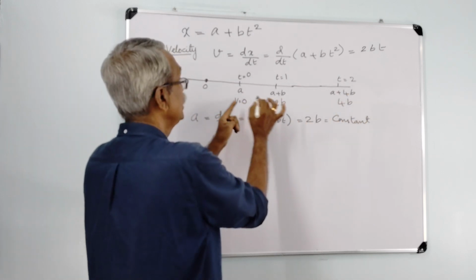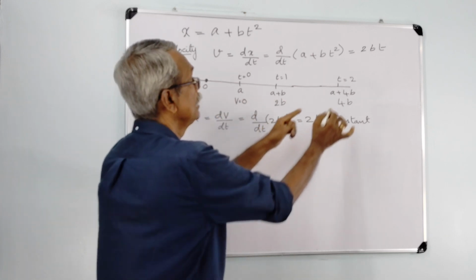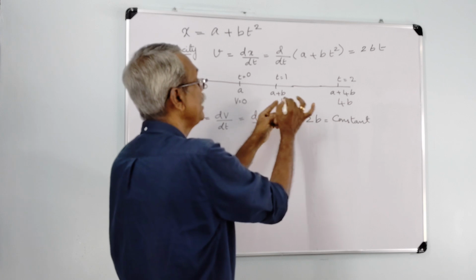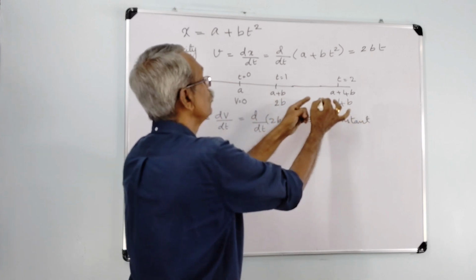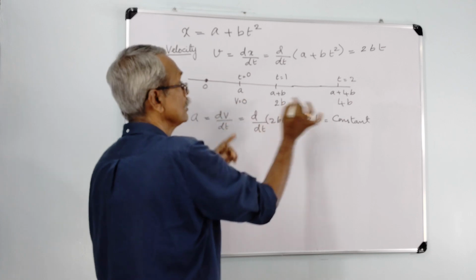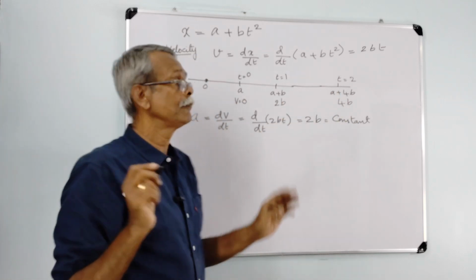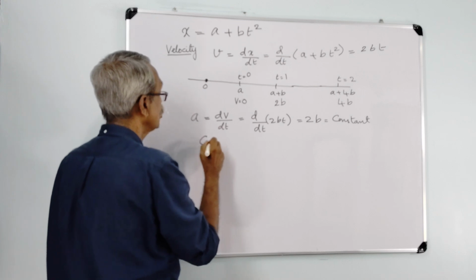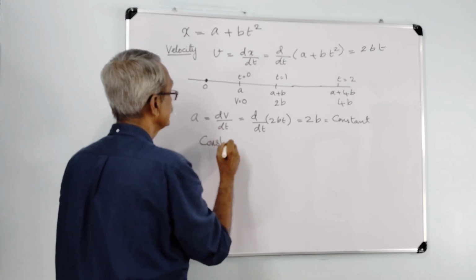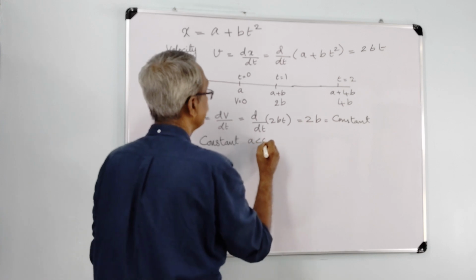This is 2b, this is 0, therefore 2b divided by 1 is 2b. This is 4b, this is 2b, therefore 2b divided by 1 is 2b. This is 4b, this is 0, therefore 4b minus 0 divided by 2 is 2b, like that. Therefore this is a constant acceleration.